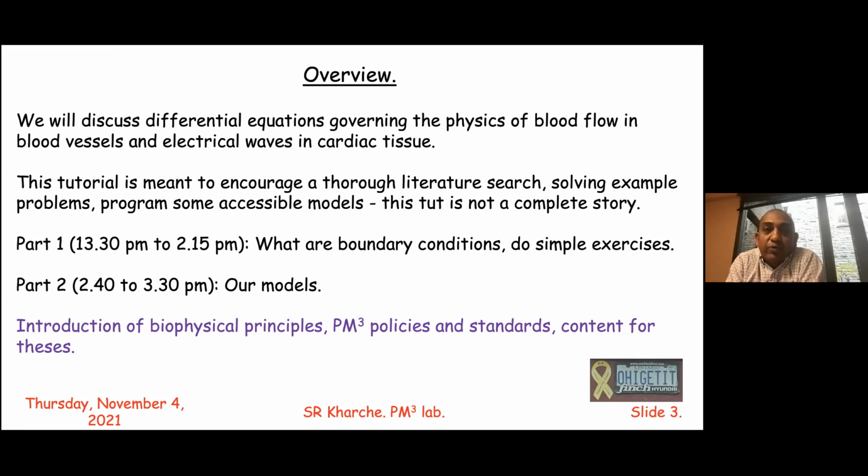Practice solving your problems till you are exceedingly comfortable with the knowledge that you get from problem solving. And as a culmination of your understanding, you should also try to program some accessible models.